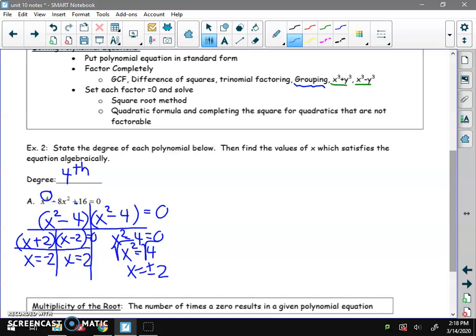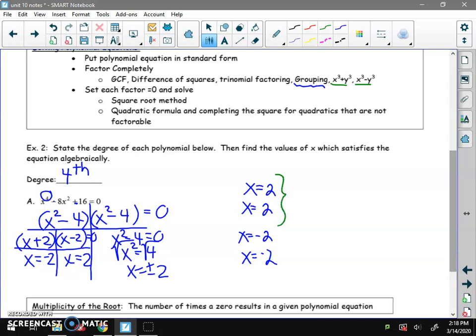Now, what that means is we're done. We have x equals 2, x equals 2, x equals negative 2, and x equals negative 2. We have 4 solutions to this. But even though we have 4, we really only have 2 unique solutions.